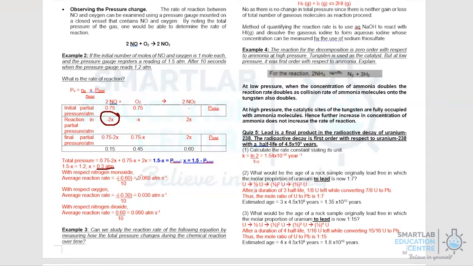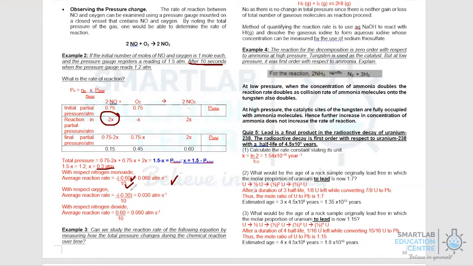With respect to nitrogen monoxide, the amount of NO that has been used up will be 0.3 times minus 2, which gives us negative 0.6. That's the reason why the average reaction rate will be 0.060 atm per second, which is this number divided by 10 seconds, since the pressure gauge reading is 1.2 atm after 10 seconds.